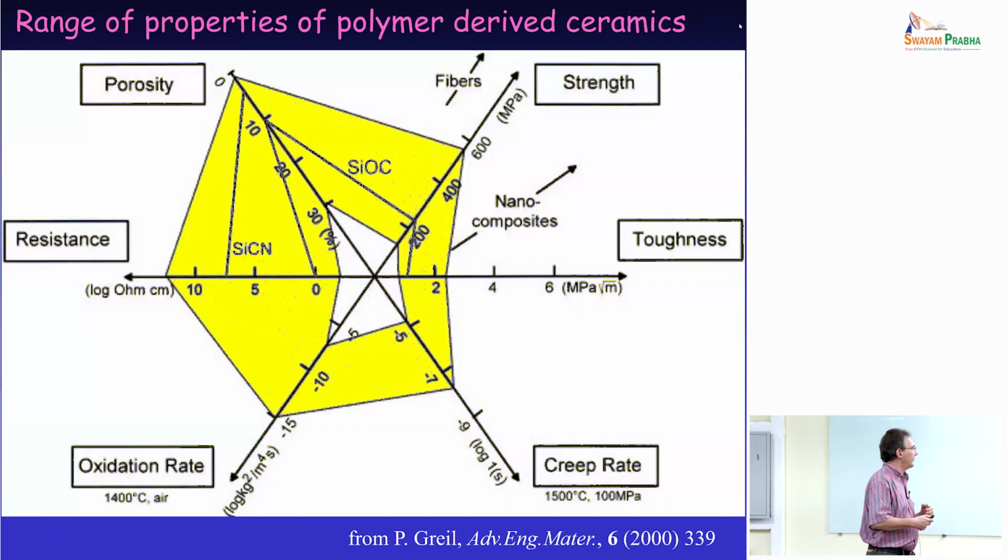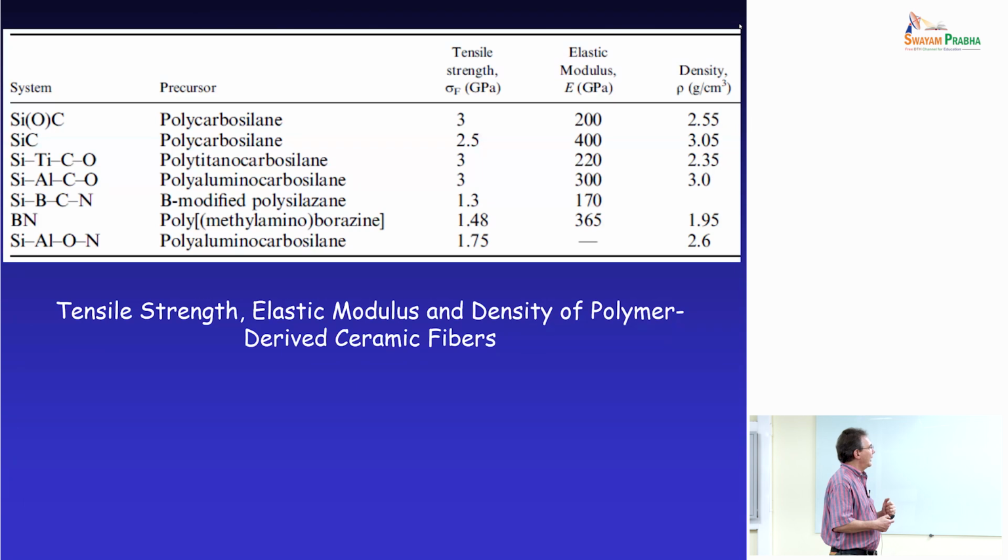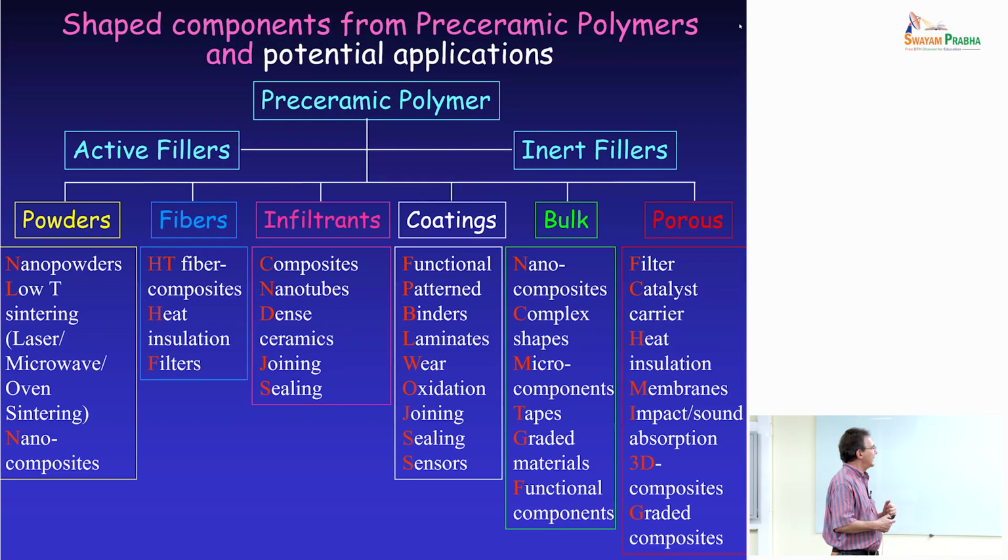So you can see here a range of properties for different classes of polymer-derived ceramics. And you can see that you have a wide range of values that you can tailor with this approach. Here are some data, but we can skip the data.